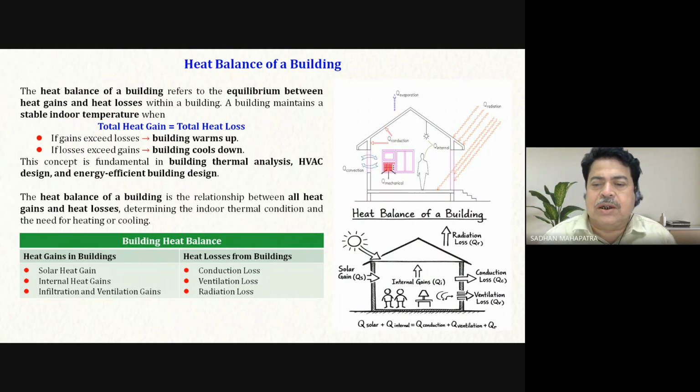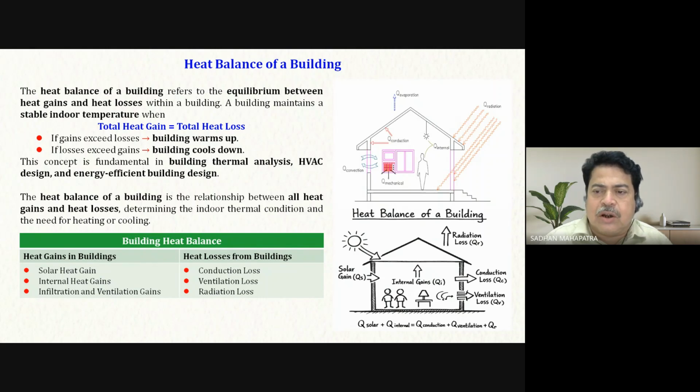Now if you look at this picture, this is a building. So solar radiation falls on that building, and that radiation comes inside the building and brings heat inside. There are people working in the building, there are certain equipments there, so that also releases a certain amount of heat, what we call internal heat gains. And there can be leakage through which heat can also come inside the building.